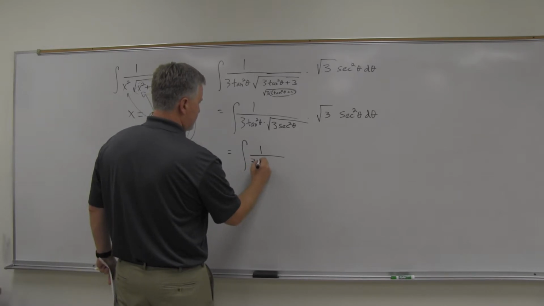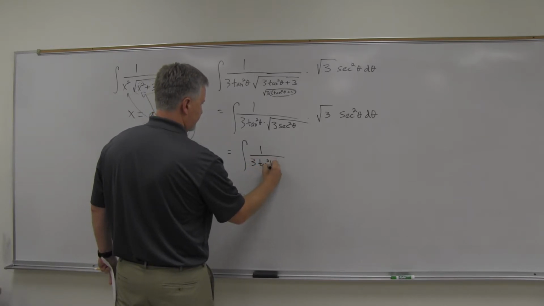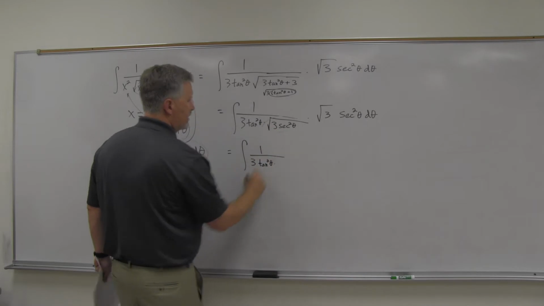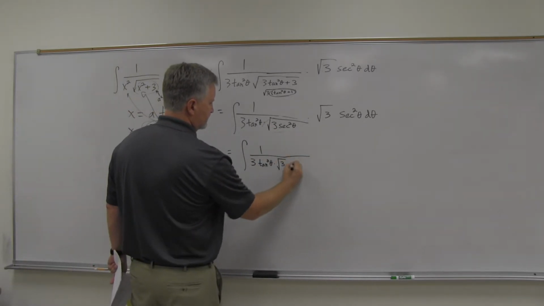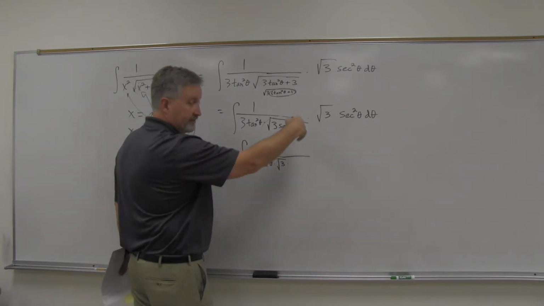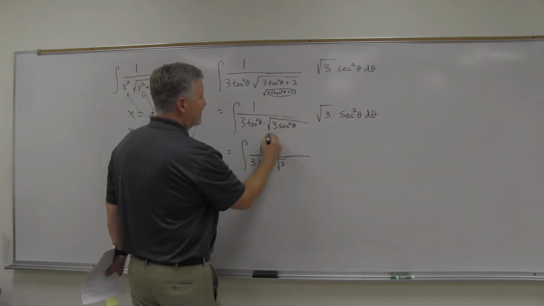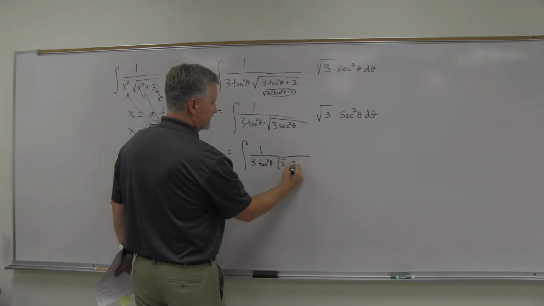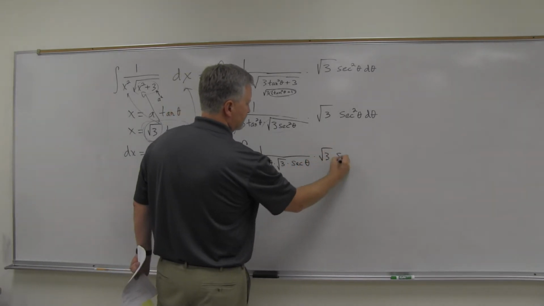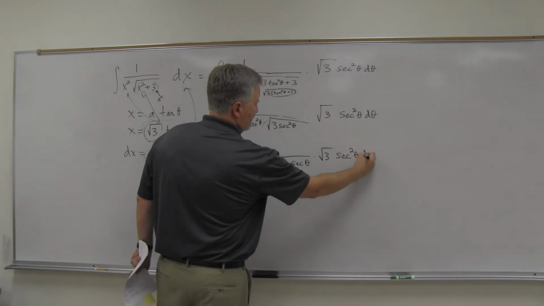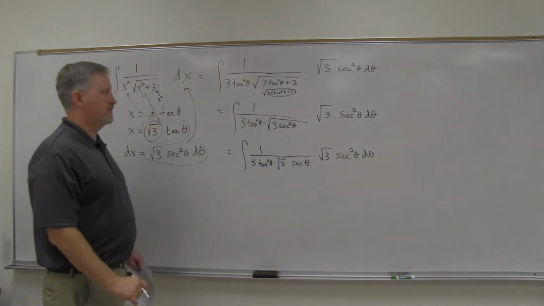So if I square root all that, I'll have this right here. Just square root that, get the square root of 3, and that doesn't square root nicely, but it will cancel out nicely. But square root of 3 and then square root of that is just secant theta, times the square root of 3, secant squared theta d theta.